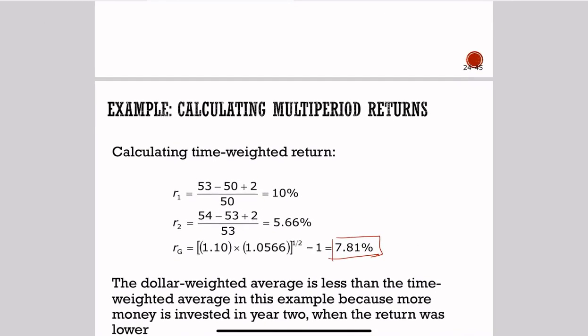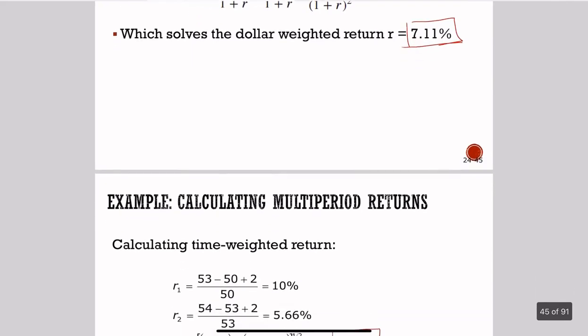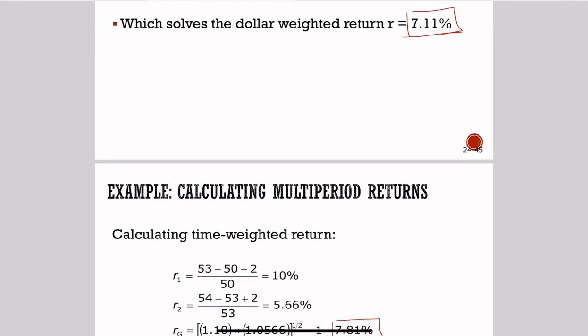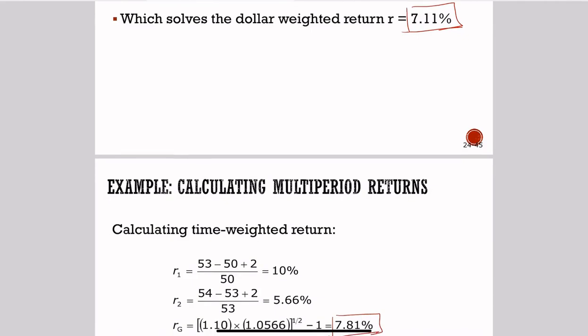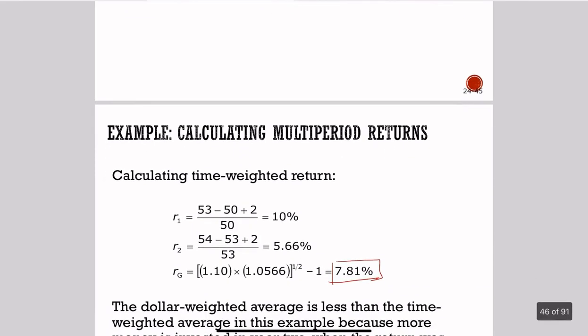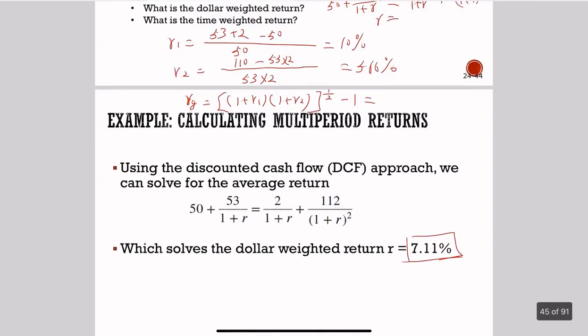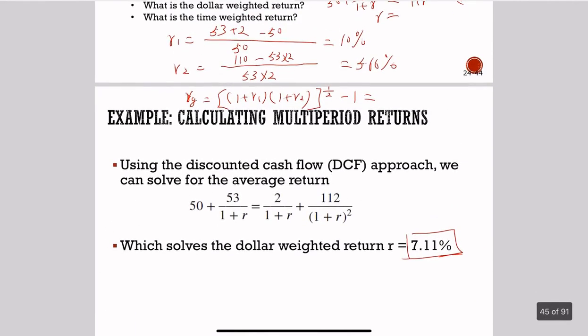Now, think about this. If you compare these two returns, you can see that you're having different numbers, right? If it's a dollar weighted return, you have a lower return. If it's time weighted, then you have a higher return here. Now, why do you get this result? Well, because when you're calculating the dollar weighted return, the weight is given by dollars.